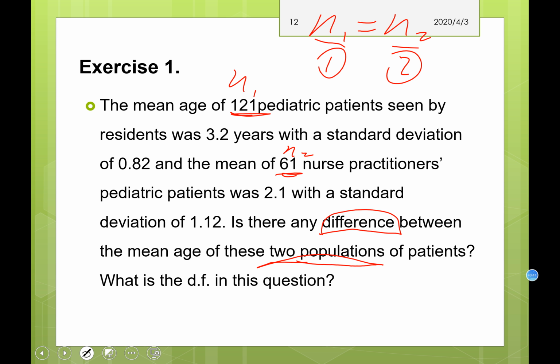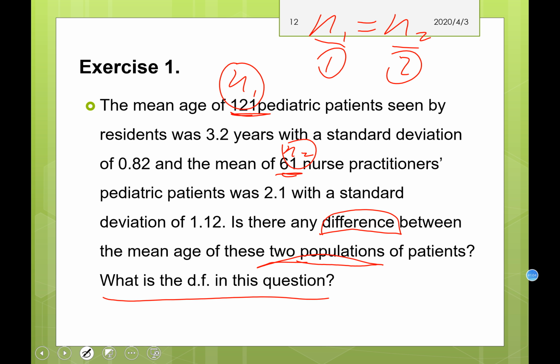But in this question, n1 is 121, n2 is 61. They are not equal. So that means the two samples must be independent, not matched.